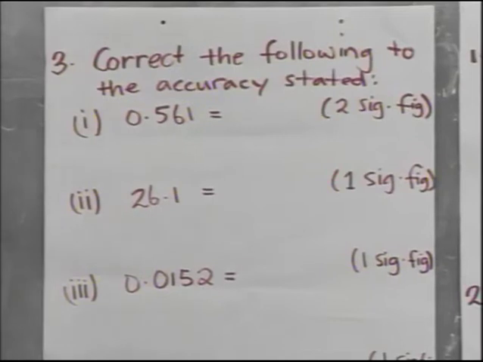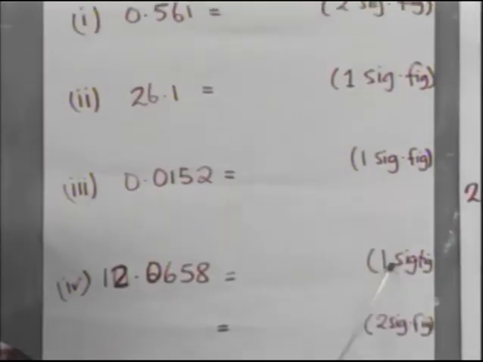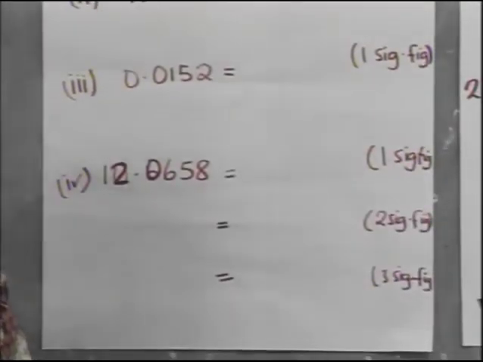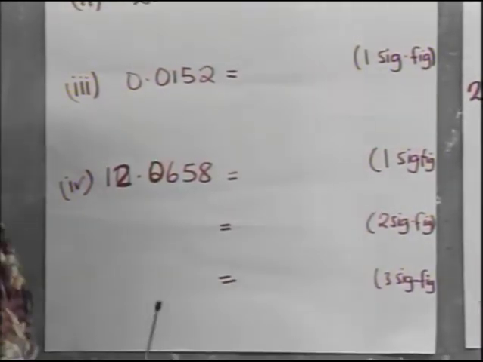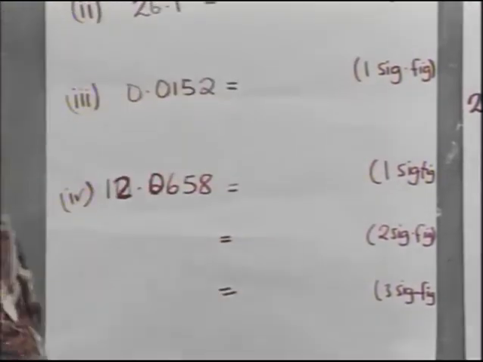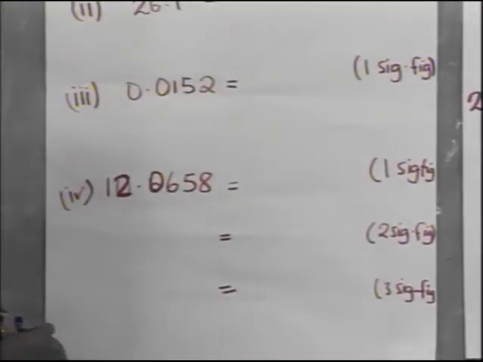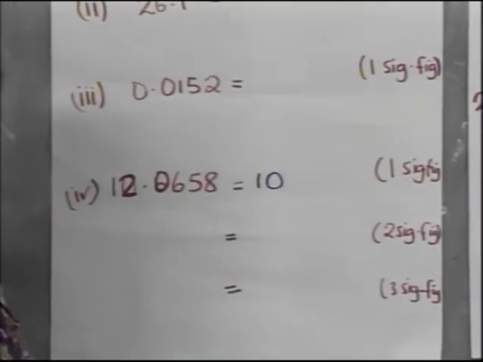This number is 12.0658. I want to change it to one significant figure. To one significant figure, the number will have to contain one number which is a non-zero number. So to one significant figure, this number is going to be 10.